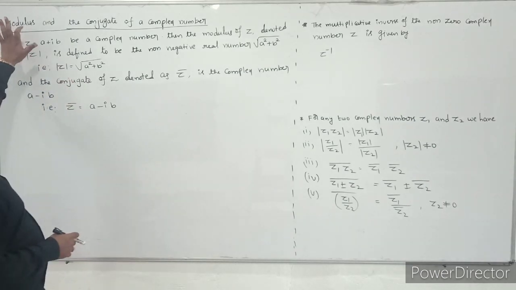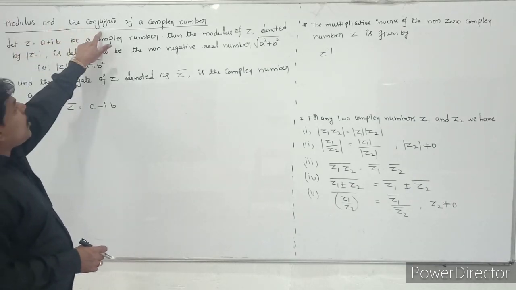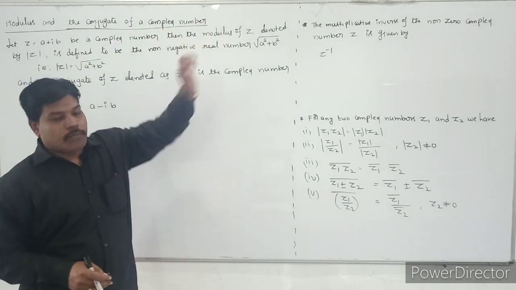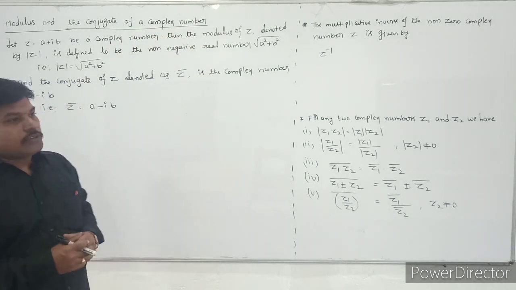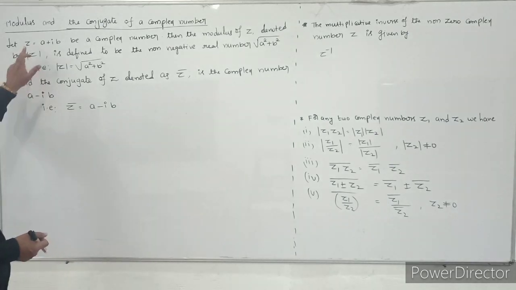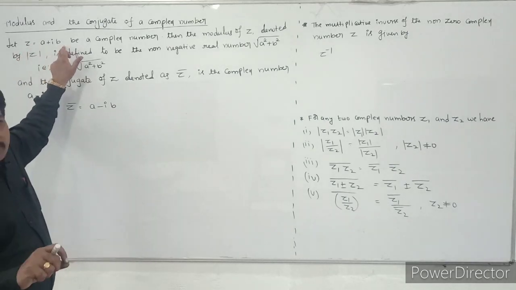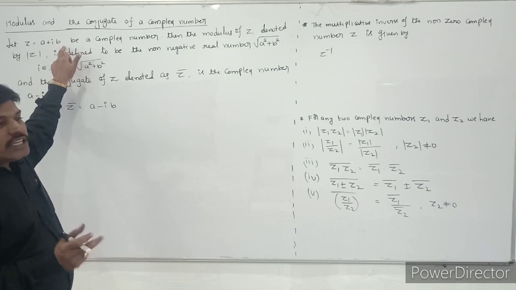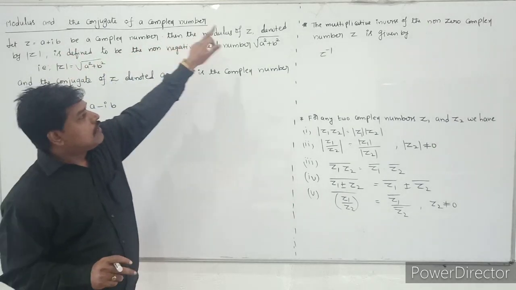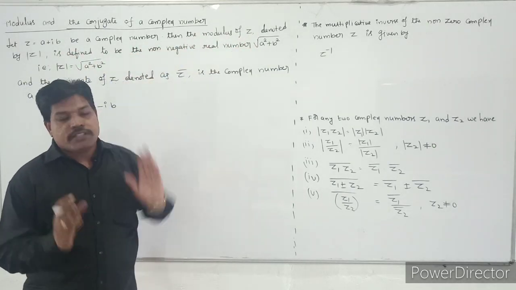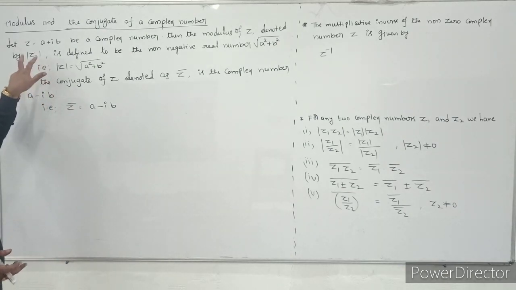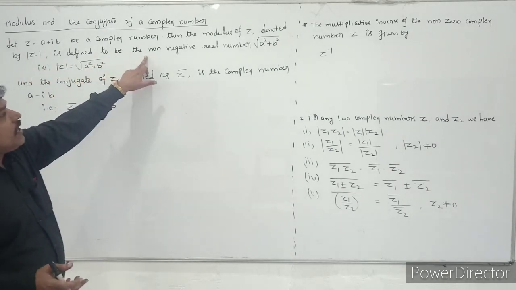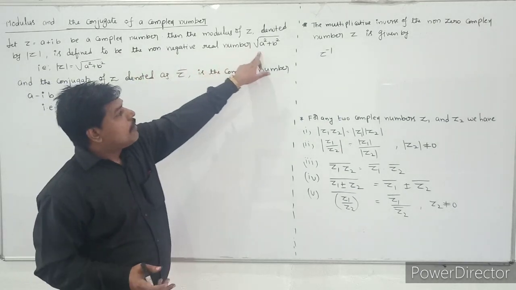See students, the next important topic in complex numbers is the modulus and the conjugate of a complex number. It is easy. If z is equal to a plus ib, a complex number, then the modulus of z, denoted like this, is defined to be a non-negative real number.